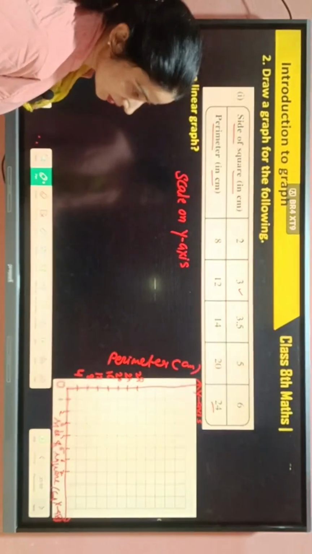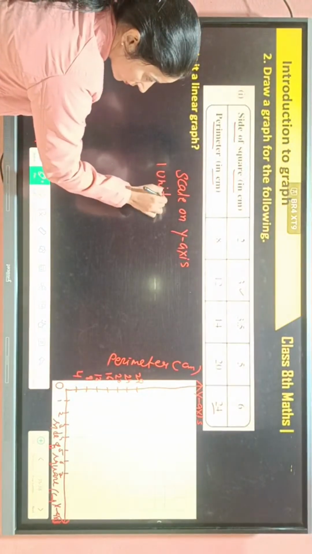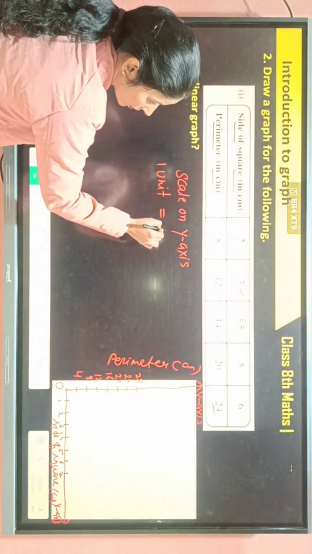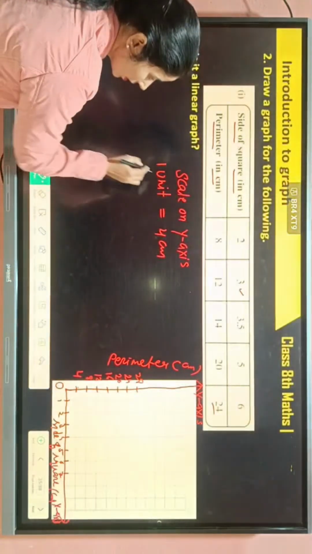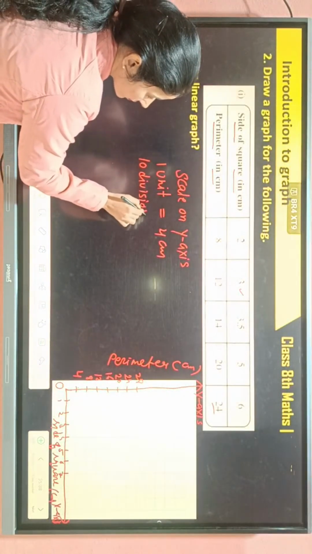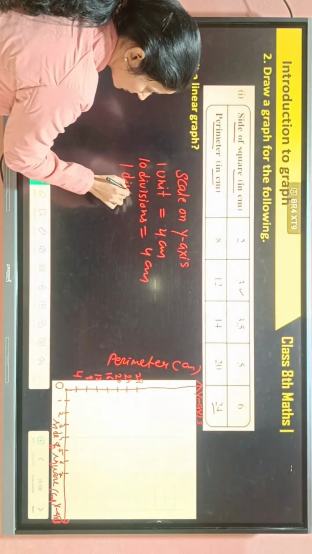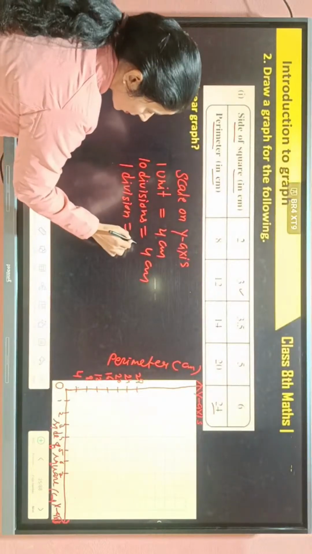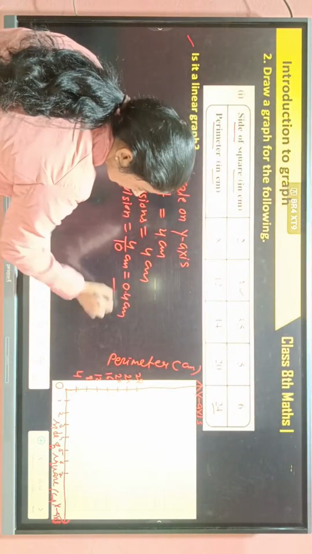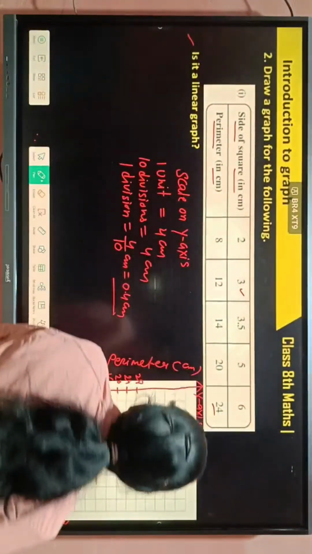And on the y-axis, 1 unit is equal to 4 centimeter. 1 unit contains 10 divisions, so 1 division is 4 by 10 centimeter, that is 0.4 centimeter. Now, let us draw this graph.